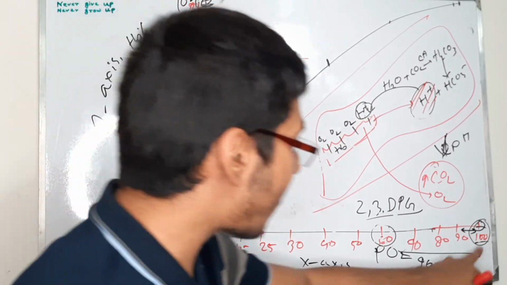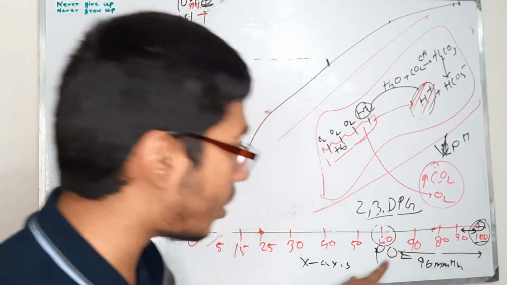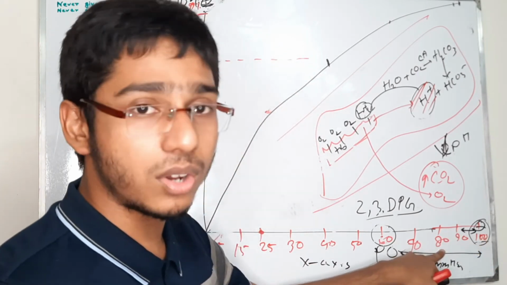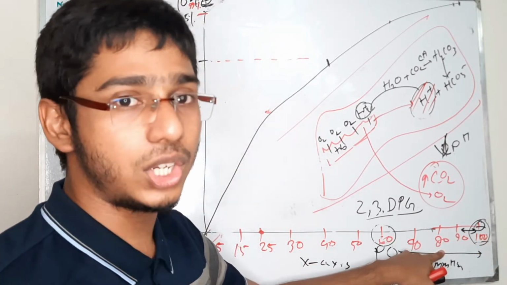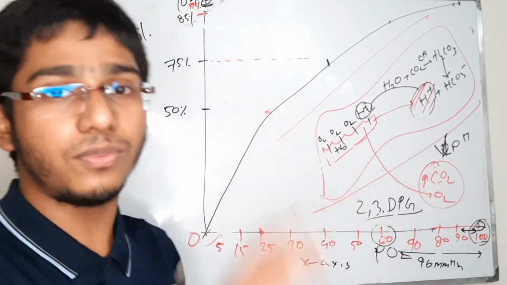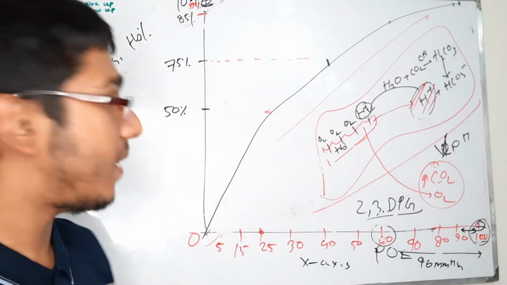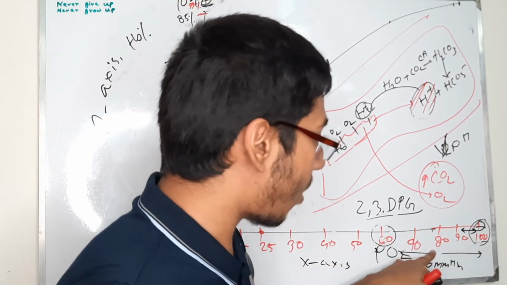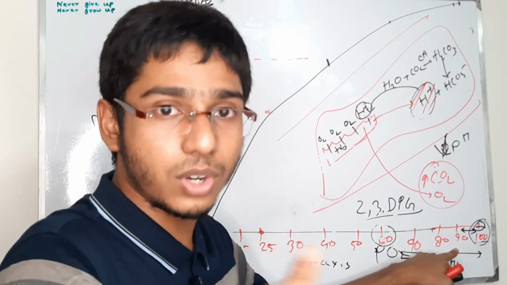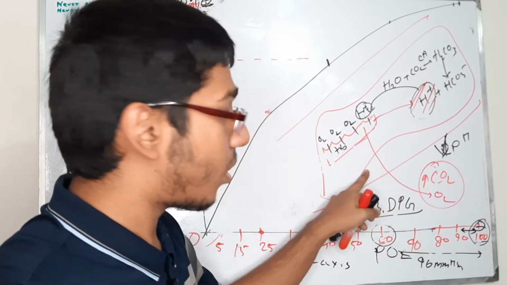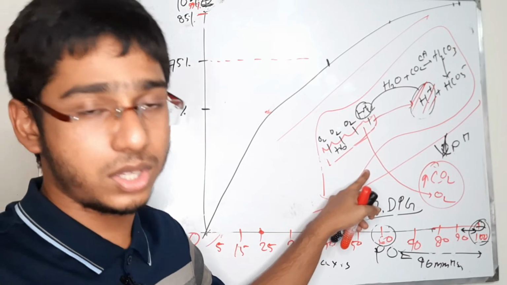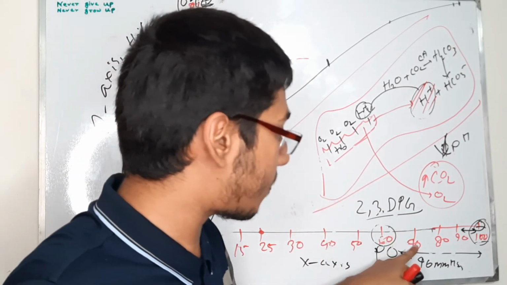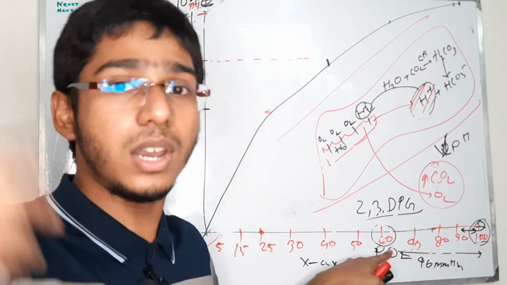That means for every change in the partial pressure of oxygen from 100 millimeters of mercury, if we keep on decreasing the partial pressure of oxygen, even by a little inch, then there will be a huge discharge of oxygen from the hemoglobin. Previously, what we had learned is that from 100 to 60, if we keep on decreasing the partial pressure of oxygen, hemoglobin would not fluctuate much. Hemoglobin would not throw a huge amount of oxygen if we decrease the partial pressure of oxygen from 100 to 60 previously in normal condition.